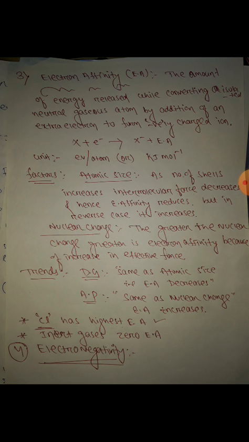How does it happen? In terms of atomic size, as the number of shells increases, the force of attraction decreases. Because of that, electron affinity reduces, since the atoms are not about to gain electrons, they are about to lose electrons. But the reverse happens when the number of shells decreases, that is, when we move from bottom to top, it is opposite.